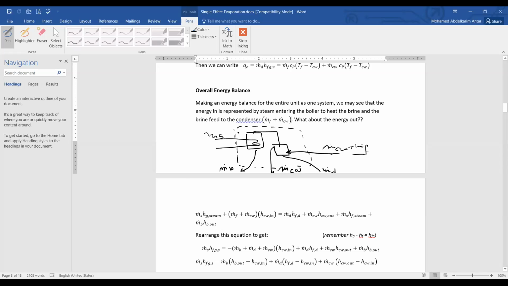The energy in for the whole system becomes M dot steam Hg, plus M dot cooling water plus M dot feed into their enthalpy, which is Cp times temperature. These are the inlet streams, whereas the outlet streams are four: steam as saturated liquid, HF, brine leaving here, cooling water thrown away here, and distillate, which is collected here. So we have two inlets and four outlets.